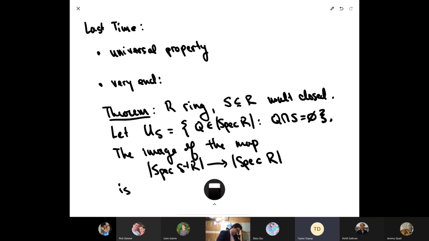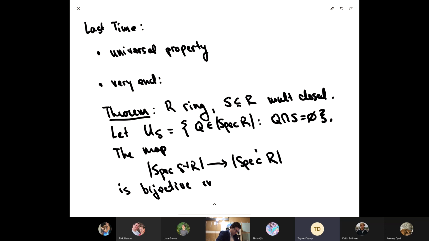The map here is bijective onto U_S. So it essentially means that spec S inverse of R can be identified with U_S.